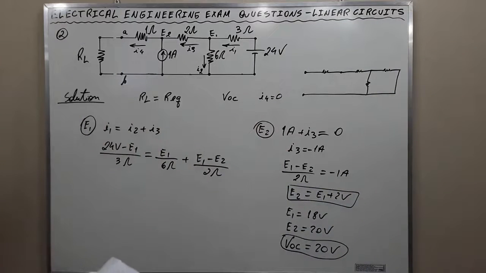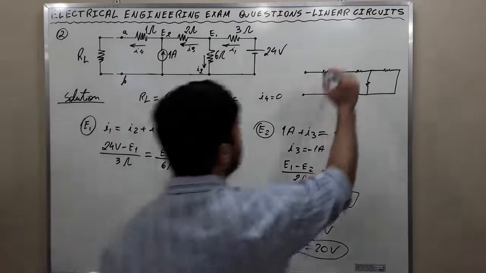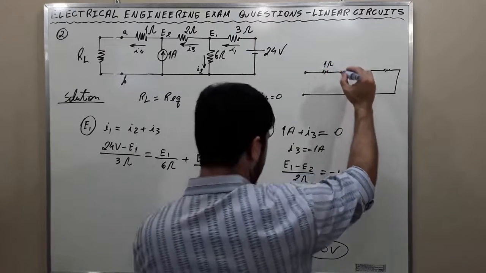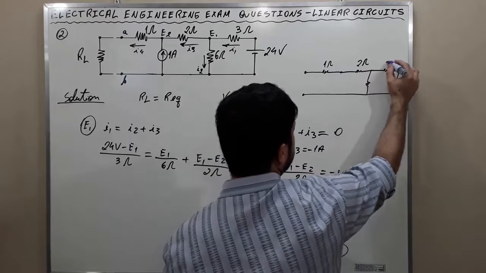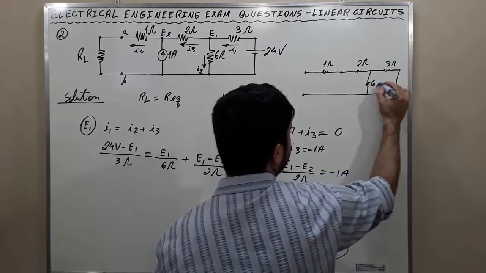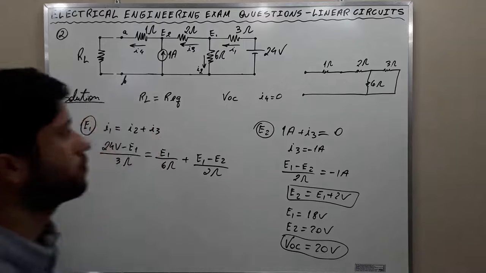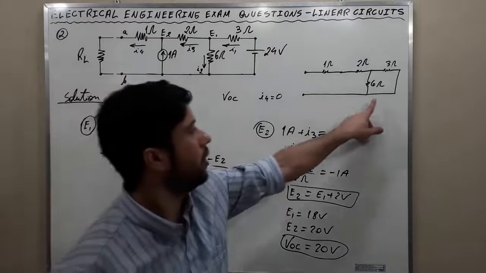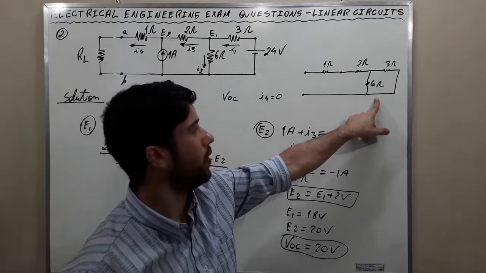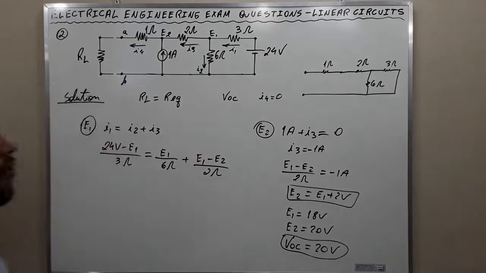Okay? We have here 1 ohm. We have here 2 ohms. Here 3 ohms. And here 6 ohms. Okay? The parallel connection between 6 ohms and 3 ohms is 2 ohms.